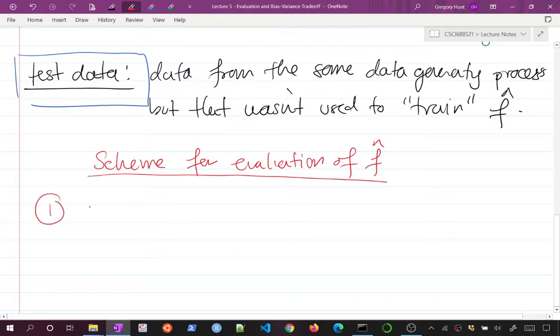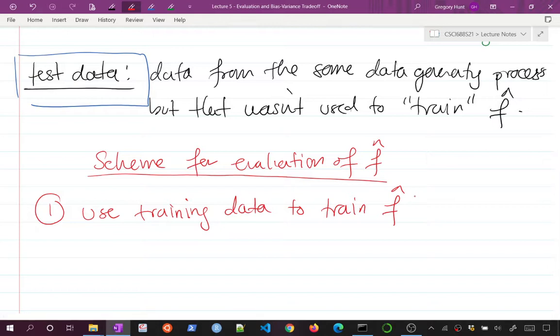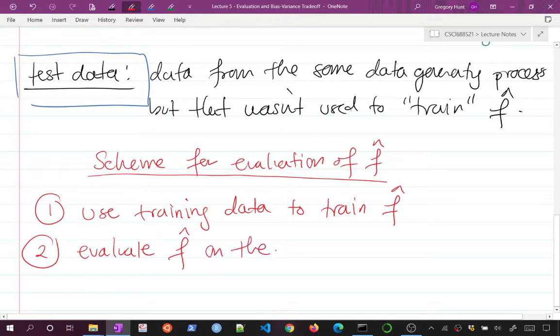And our scheme is that obviously we're going to want to use the training data to, quote, train f hat, that is to build some f hat, be it linear regression, be it KNN regression, be it something like deep neural network machine learning AI. And we're going to train the f hat, and then we're going to evaluate f hat on the test data.